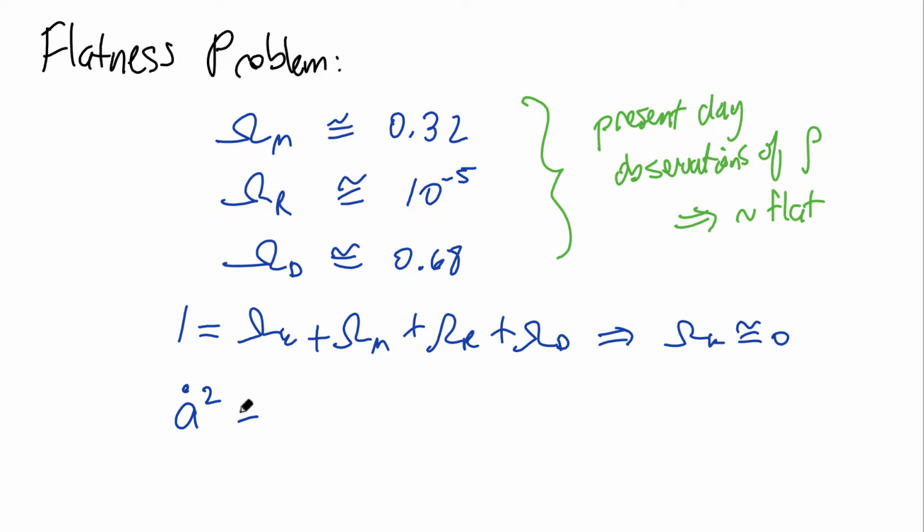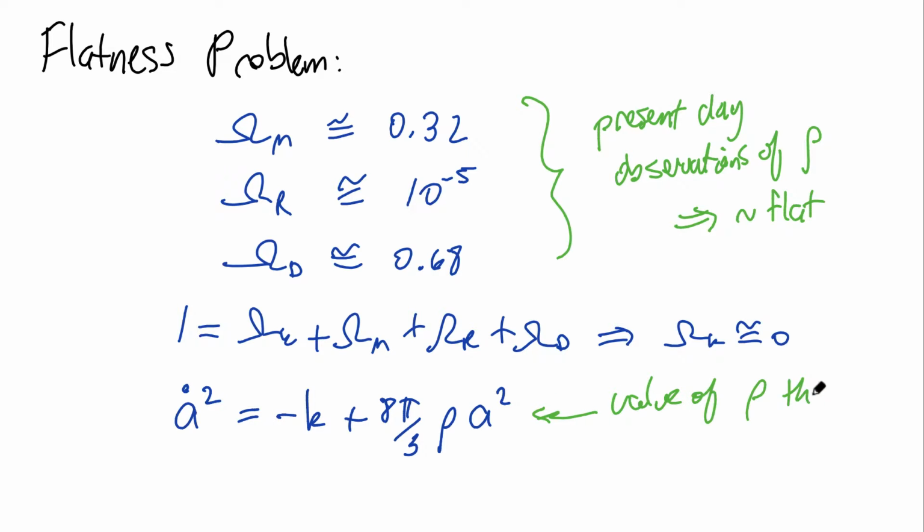That's a dot squared equals minus k plus 8 pi over 3 times the total energy density times a squared. Now let's define the value of the energy density that makes k equal 0. So the value of rho that makes k equals 0, which corresponds to flat space, we'll call that the critical value, rho sub c.